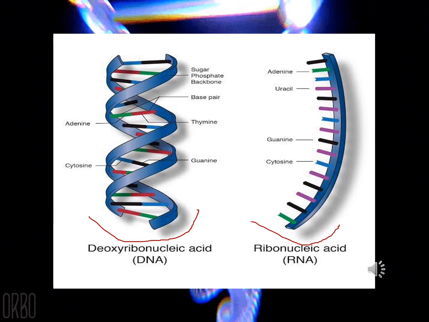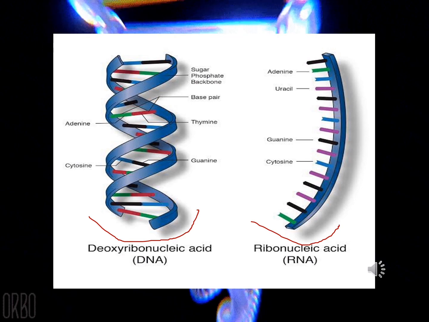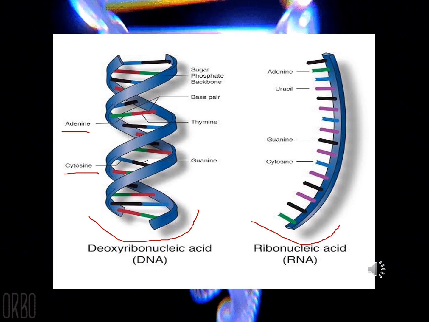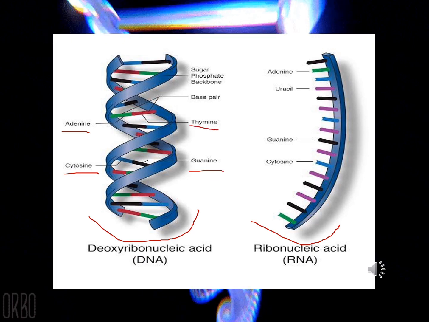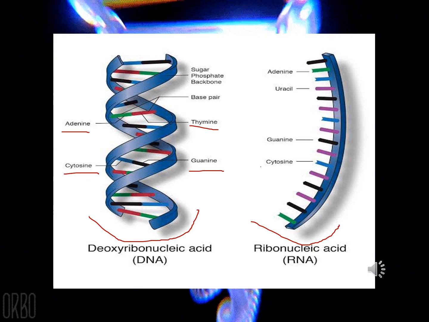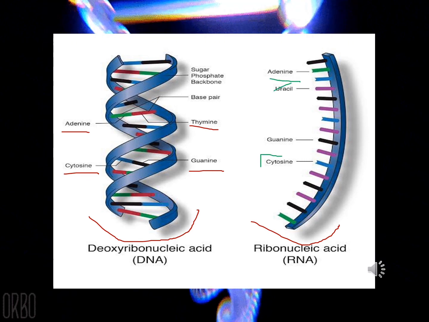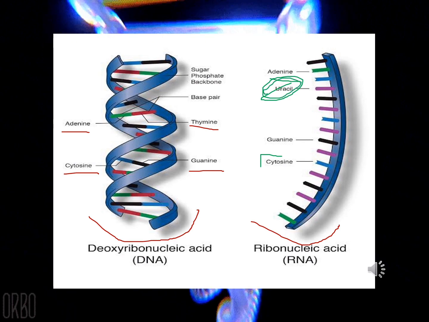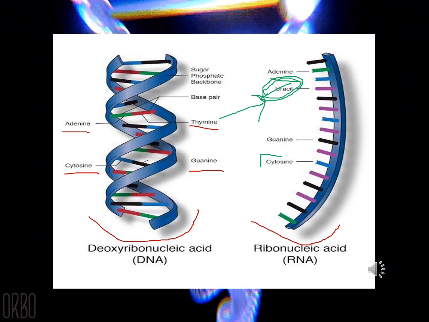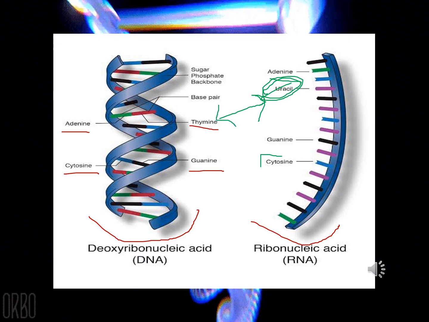The second one, the bases: for DNA, adenine, cytosine, guanine, and thymine. For the RNA, we have again guanine, cytosine, adenine, but the difference is uracil instead of the thymine. So instead of T, we have U, and it is connected normally with the A.